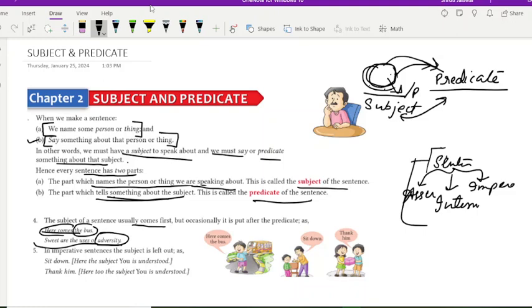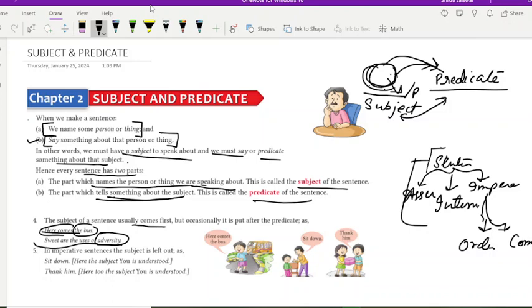What are imperative sentences? Imperative sentences are those sentences which command you or request you. They don't tell us basically. Normally they give us an order or they request us. Either they order us or they command us, right?